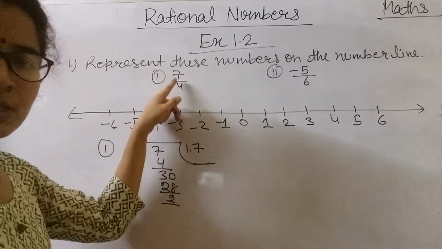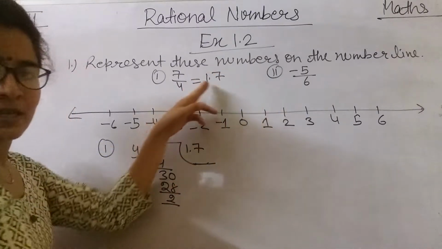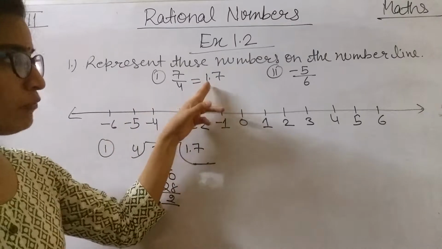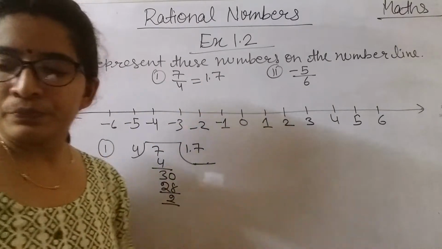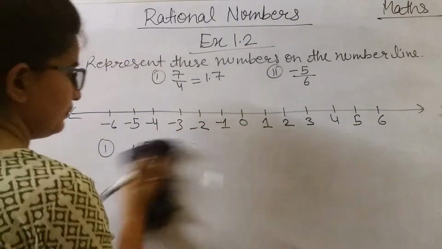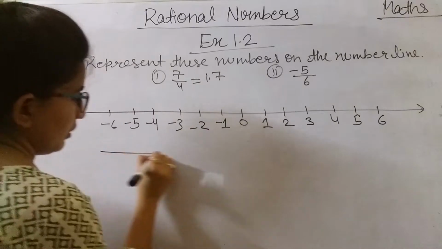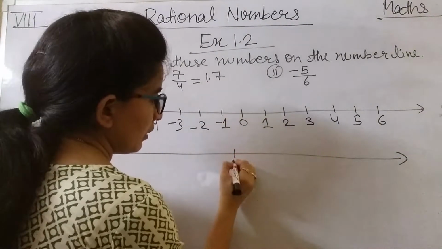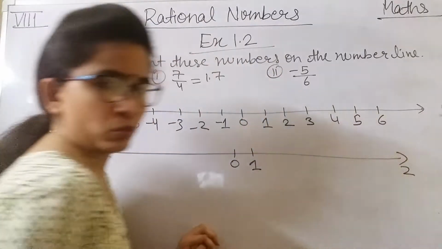So for 7 upon 4 I can write it as 1.7. So now on the number line, 1.7 will lie between 1 and 2. If I have to show this on the number line, this will remain between 1 and 2.